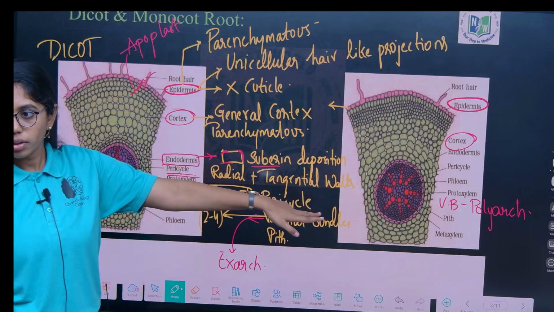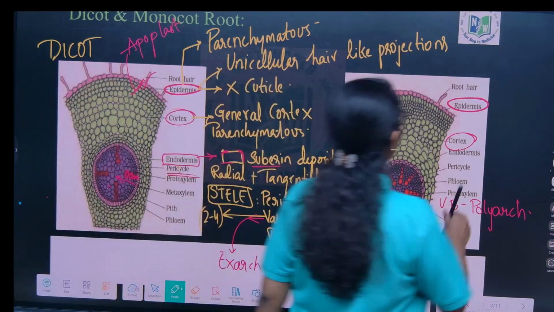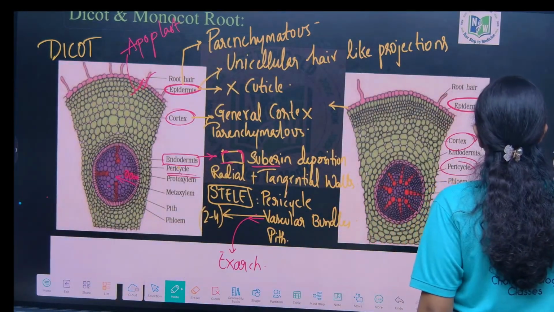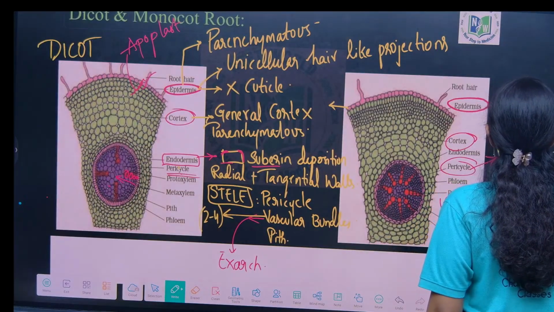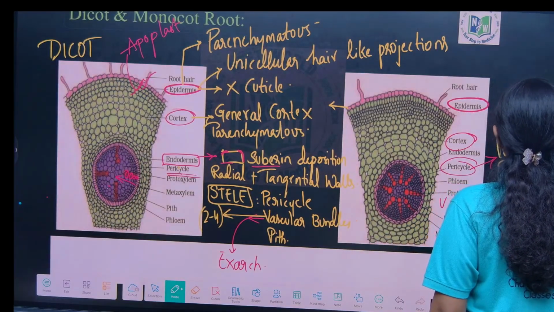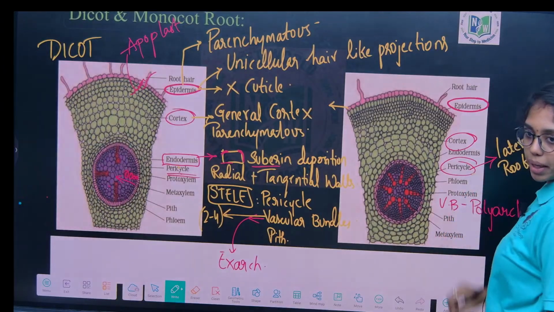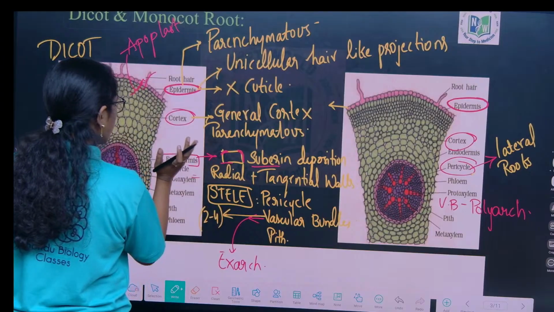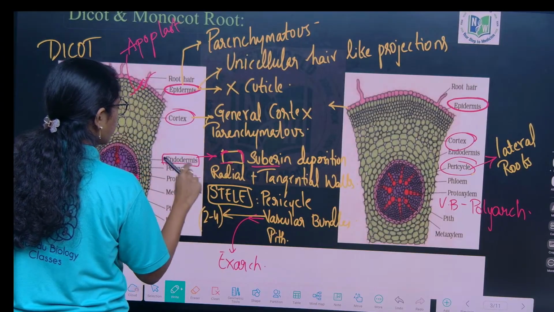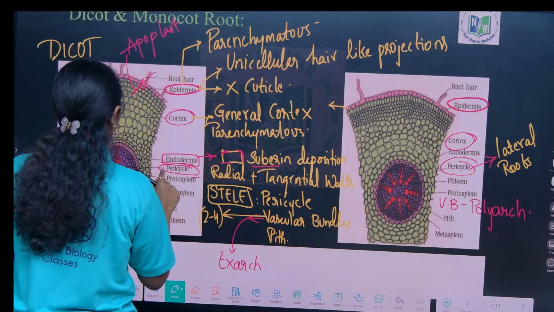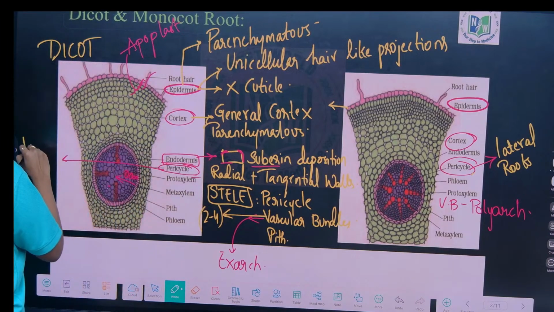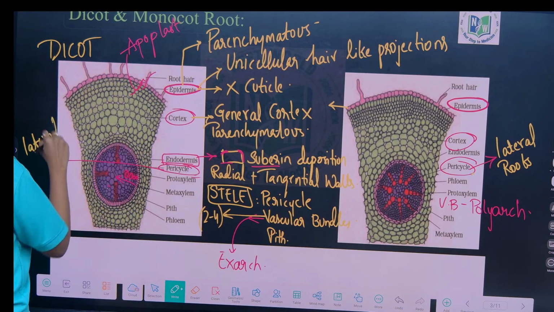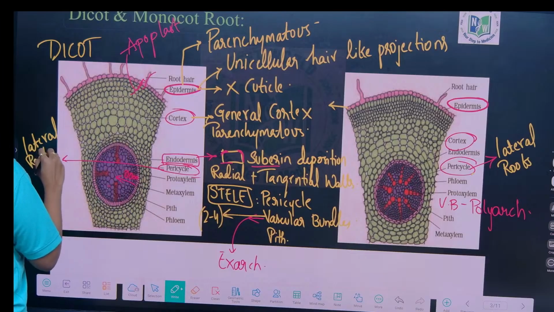Understood or not? In monocots only lateral roots or secondary roots originate from pericycle. Here along with lateral roots what are originating, ma? Cambium from pericycle along with lateral roots. Cambium also originates, vascular cambium.